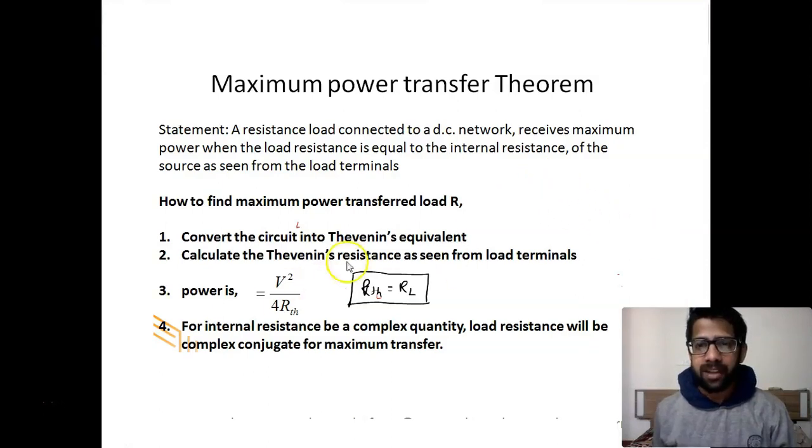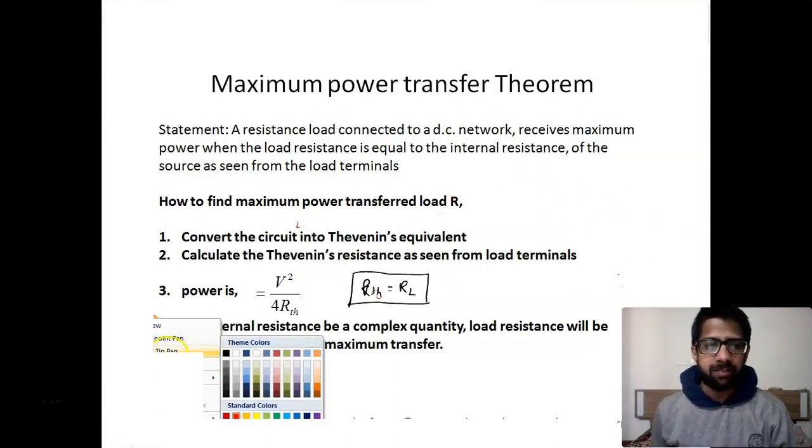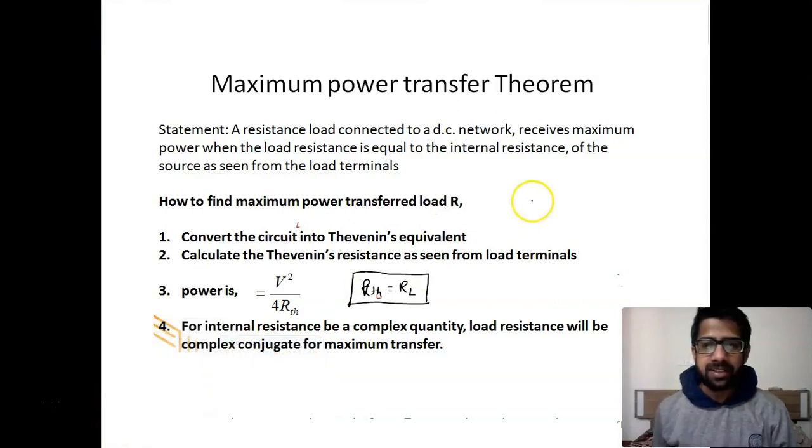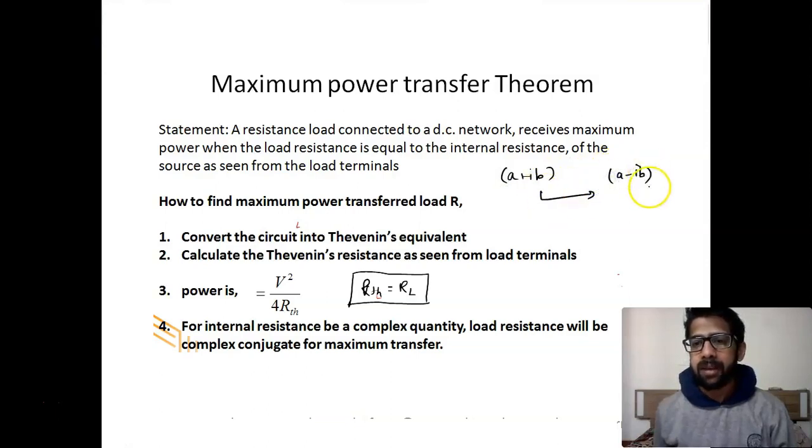So if your source has the internal resistance, say A plus iB, your load must be of the resistance A minus iB. Or if your source has only real resistance, say RTH, your load should have resistance RTH as well.